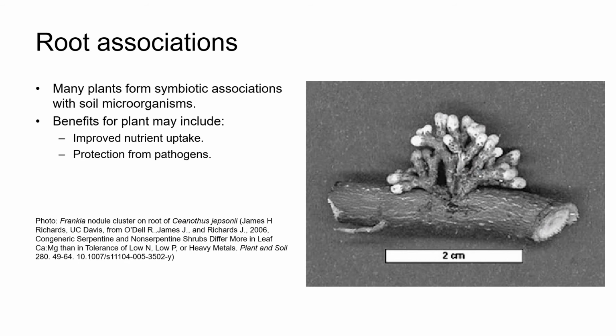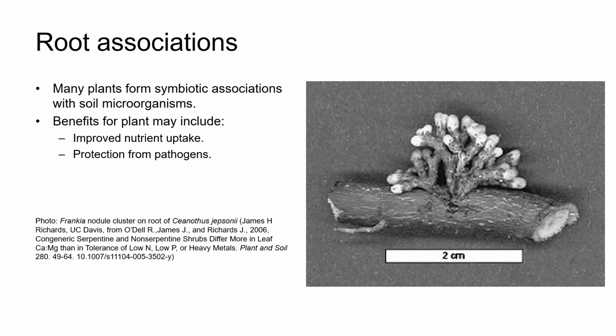Over the course of their evolution, many plants have formed beneficial associations with soil microorganisms. The relationships are usually symbiotic, meaning they're mutually beneficial. The soil fungus or bacteria receives carbohydrates from the plant, and the microorganisms in turn enhance the root function of the plant, and they can do this in several ways.